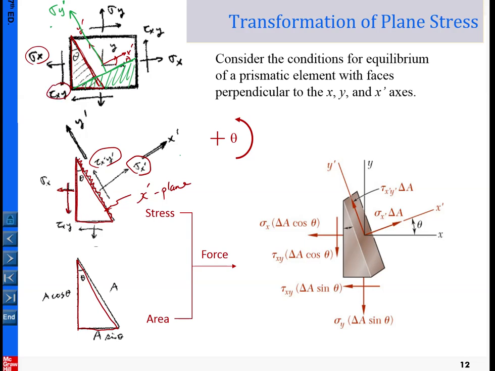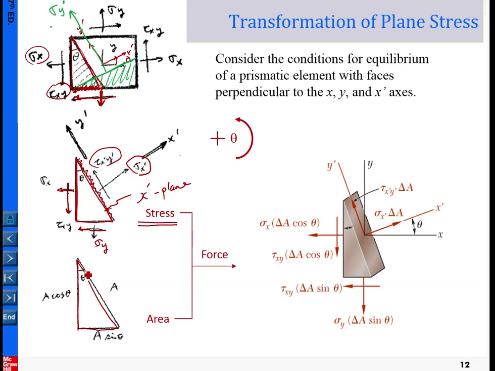Also from the bottom side, our original y plane, we have the normal stress from this component, and the shear stress from this component here. So this is the distribution of the stress.